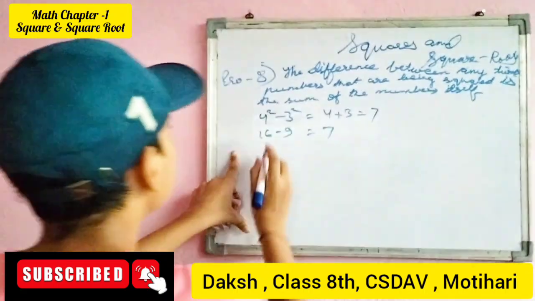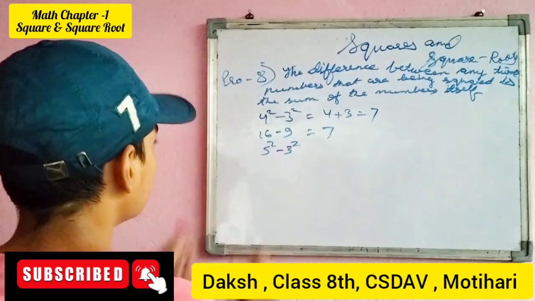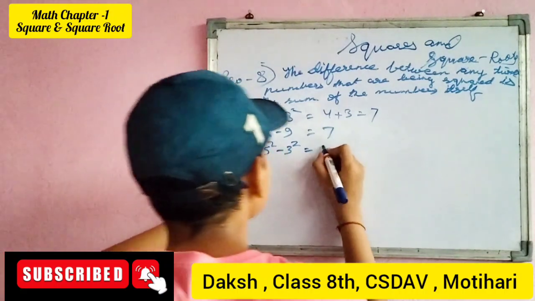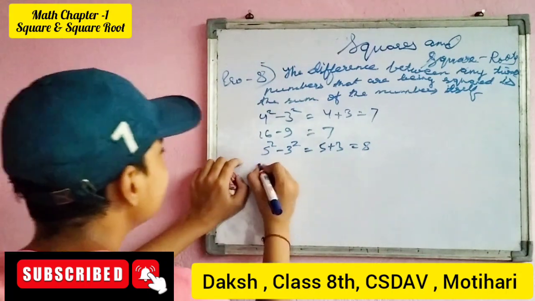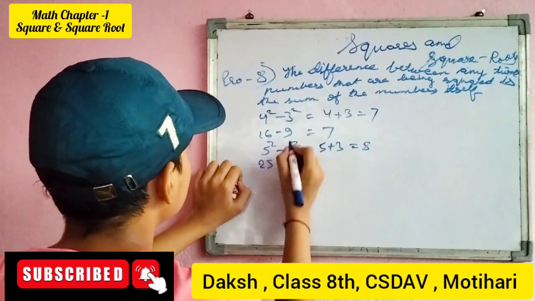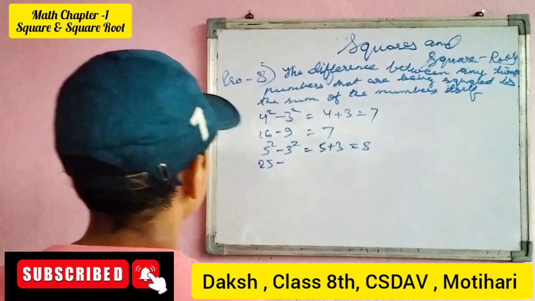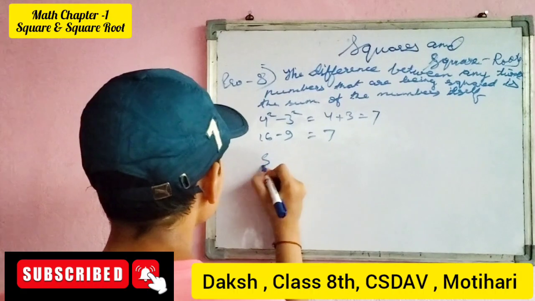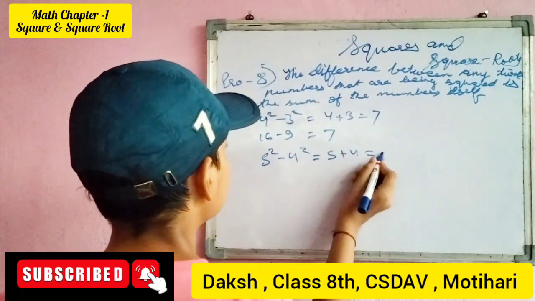We can take another example, 5 square minus 4 square, which equals the sum of both numbers, 5 plus 4 equals 9.